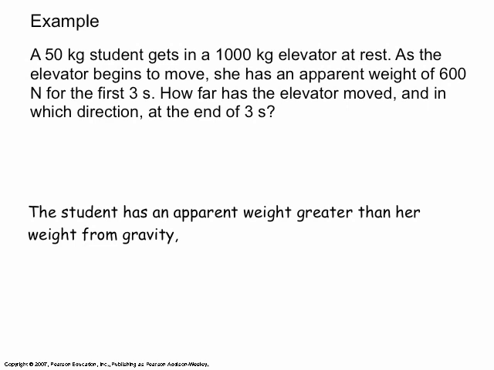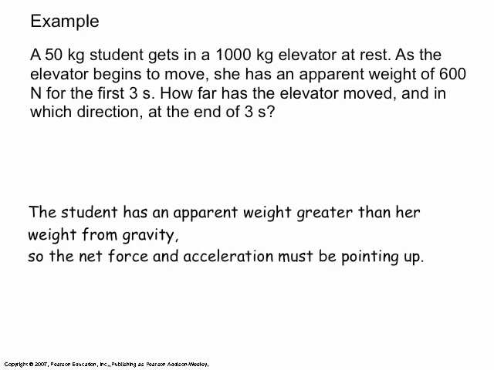It's a second law example. There's a net force. It acts for 3 seconds, so I have an acceleration for 3 seconds. So the net force and acceleration must be pointing up. She's going from rest. This acceleration then changes the initial velocity of 0 to something.